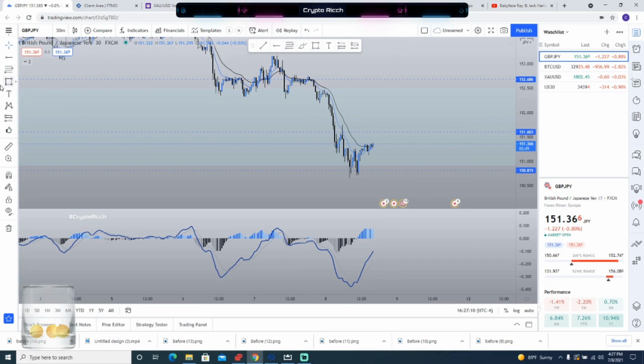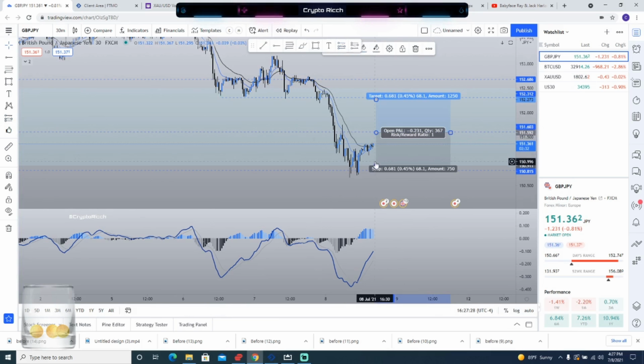Off the bat, I'm looking at a lot of support here. Price may break this high, and if it does, I could find some kind of buy in this area, even though I know my overall bias is bearish.